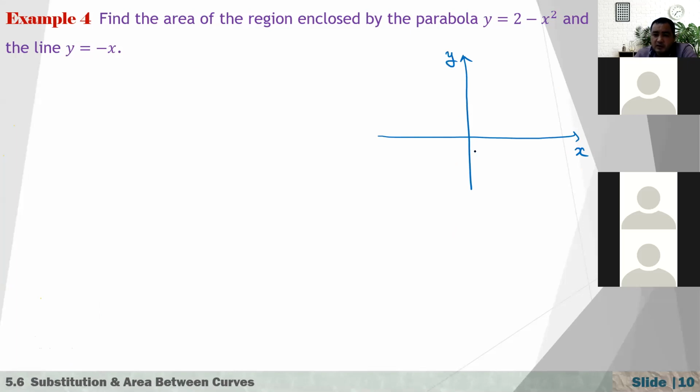It opens downward, and when it is 0, we have minus square root of 2 and square root of 2. So its graph, let me draw this in green, is something like this. It's a parabola.